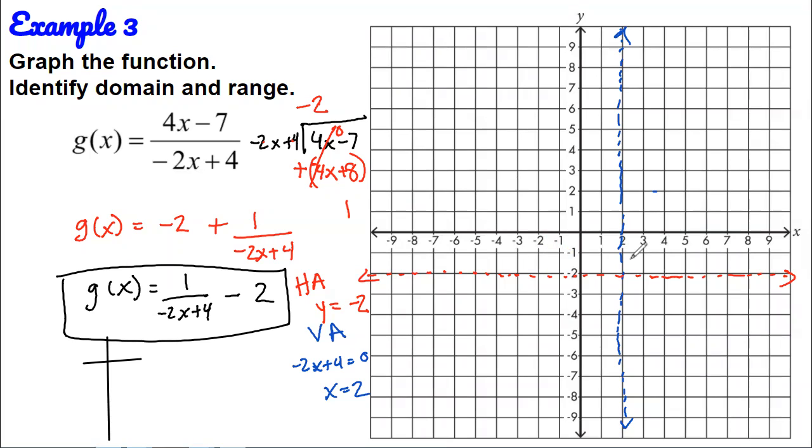What are my x values? 3 and 1. X and G of X. So for 3, we have G of 3 equals 1 over negative 2 times 3 plus 4. Negative 2, so negative 1/2, minus 2.